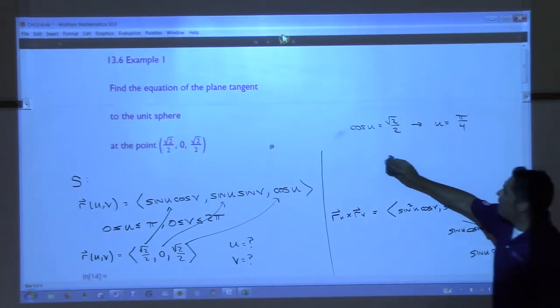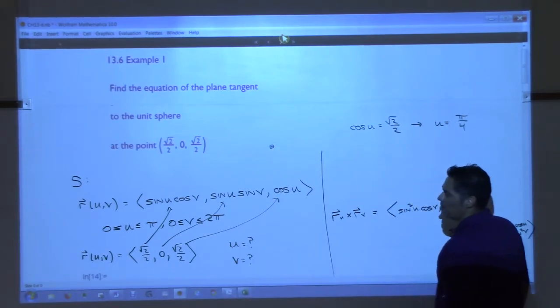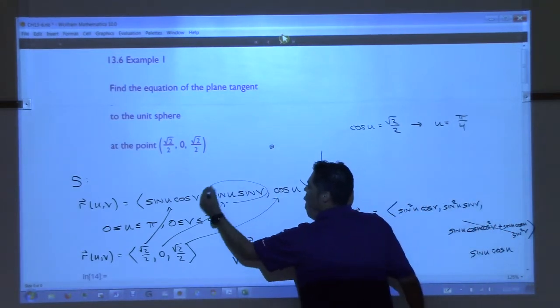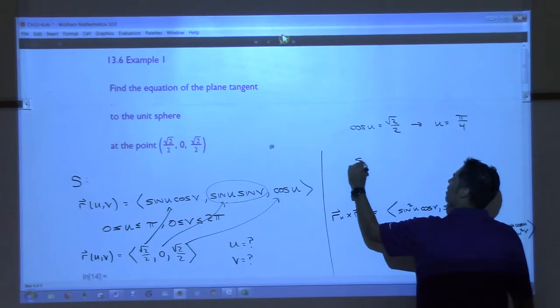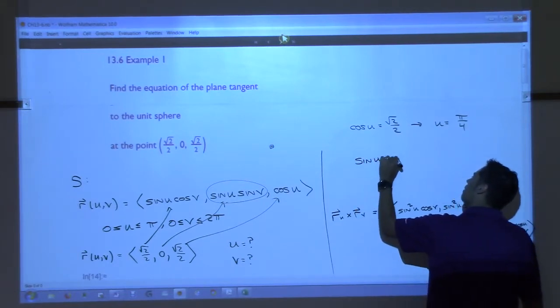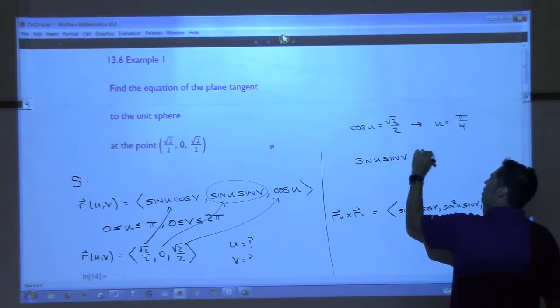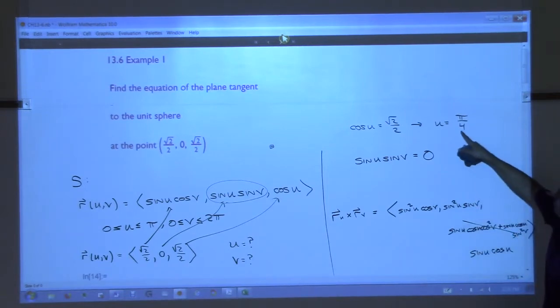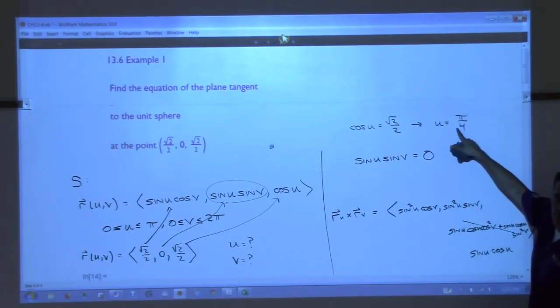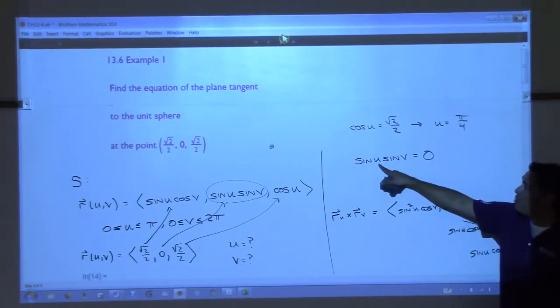All right, so we have that. Once I know that, what about the second equation? If I'm trying to make this one true, this is sine of u, sine of v must be 0, right? But you already know that u must be pi over 4. So sine of pi over 4 would be root 2 over 2.